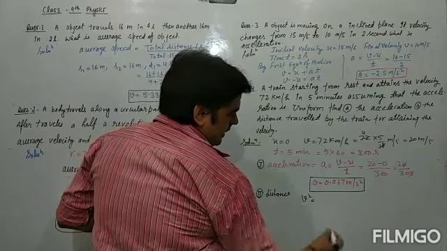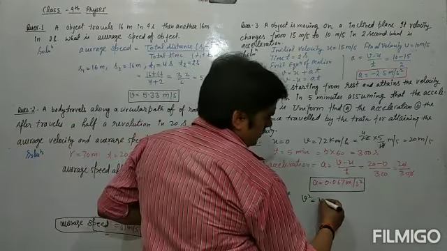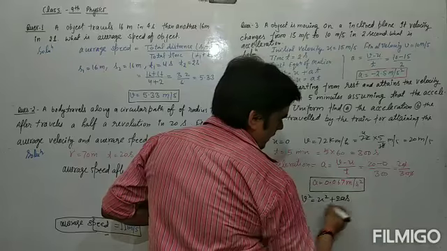For distance we use the third equation of motion, v square is equal to u square plus 2as.